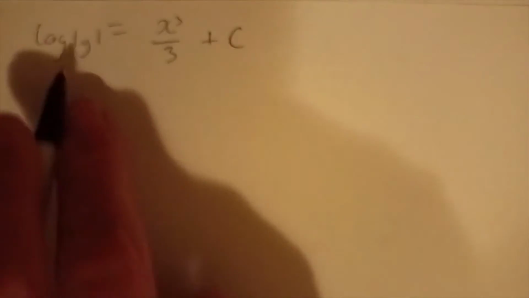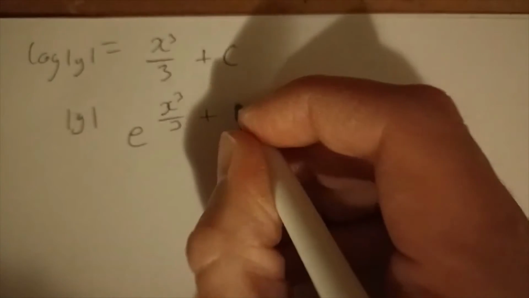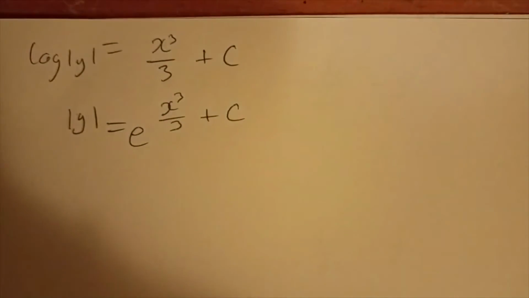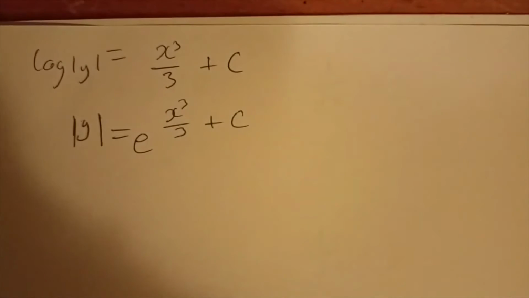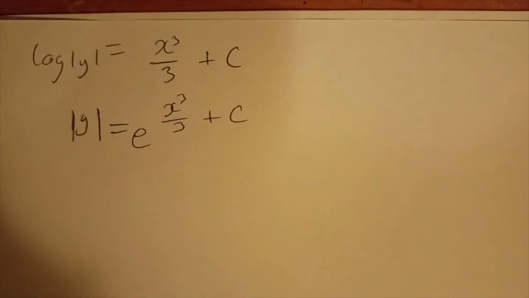To find y, we just rearrange. So if we take the exponential of both sides, we get the absolute value of y equals exponential of x cubed over 3 plus our constant c. So the absolute value of y equals e to the power x cubed over 3 plus c.